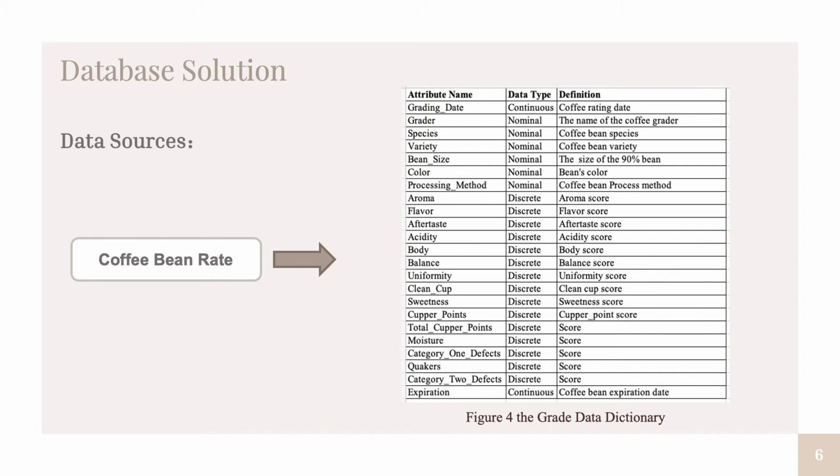Figure 4 is the screenshot of the grade data dictionary, and it contains the attribute name, data type, and the definition of the attributes. This part of the data needs to be manually inserted after the user gets the score report.